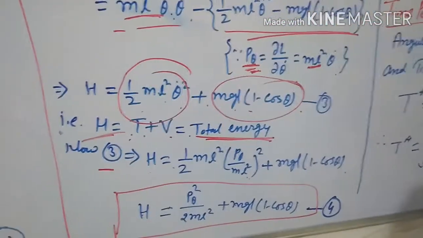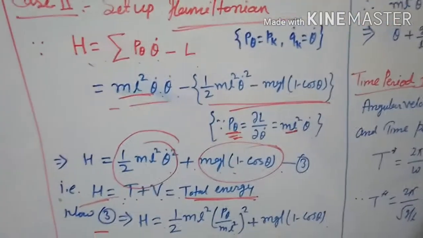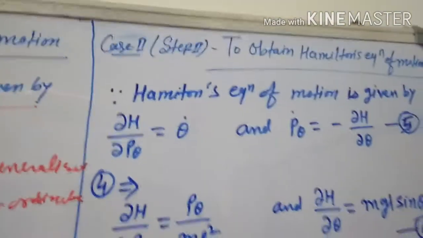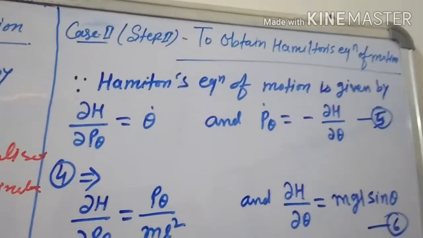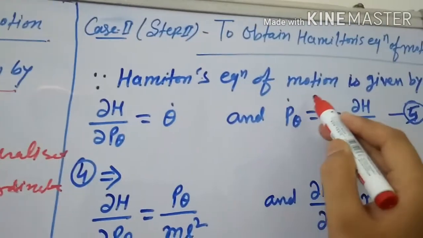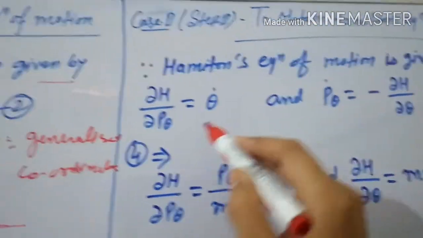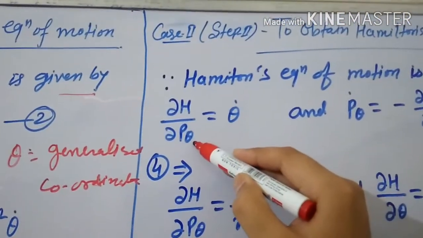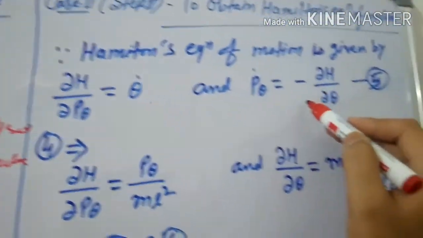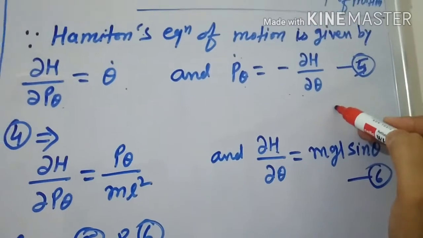Our next task is to obtain Hamilton's equation of motion of a simple pendulum. Since we know that Hamilton's equation of motion is given by del H upon del P theta is equal to theta dot and P theta dot is equal to minus del H upon del theta.